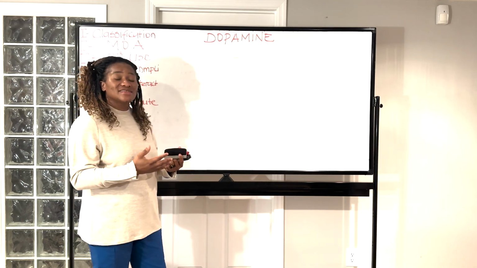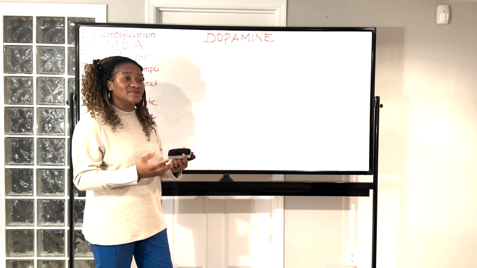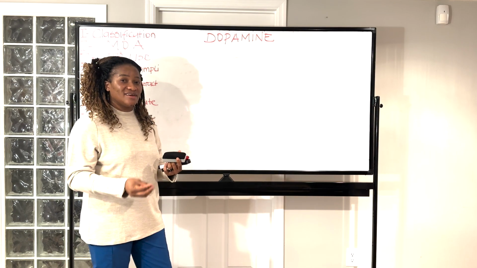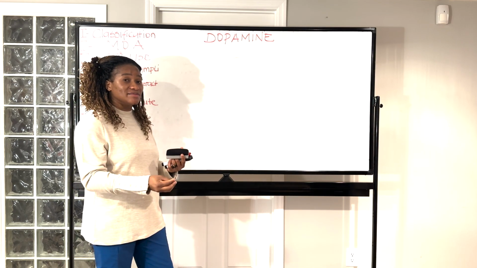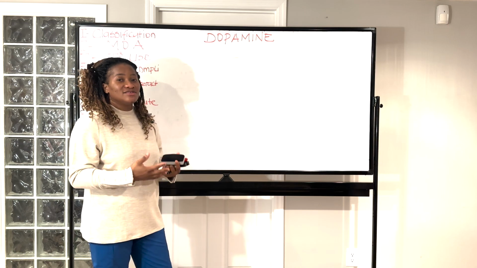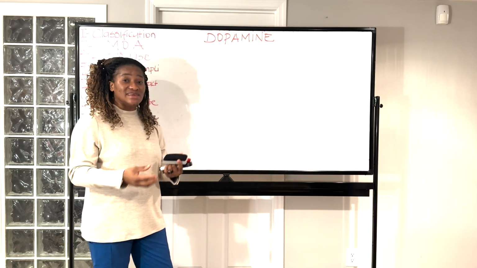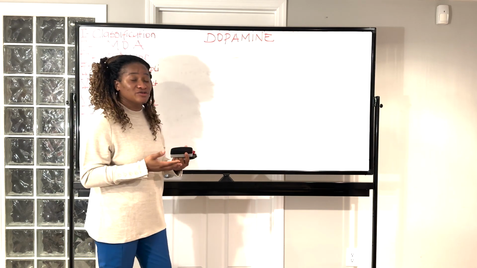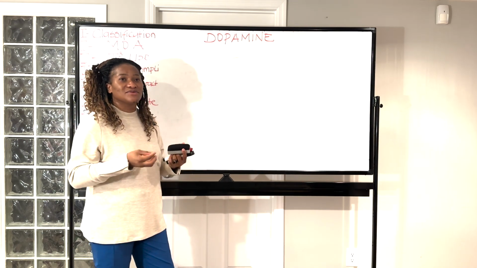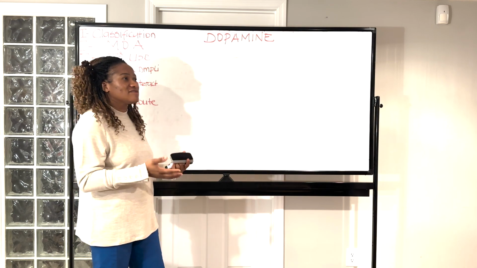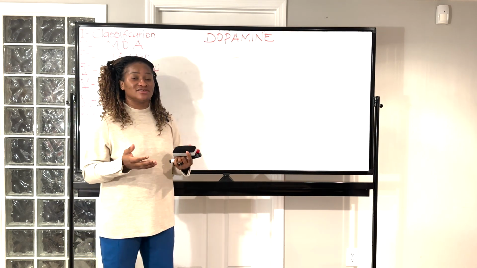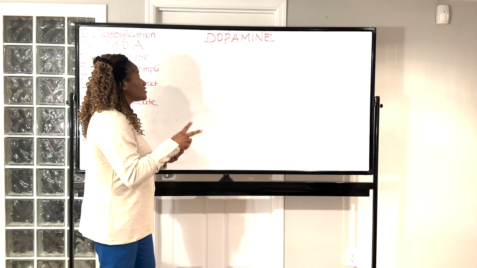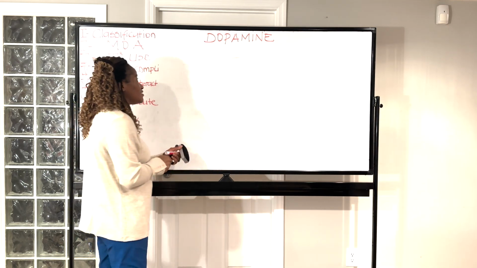In a direct action, dopamine is going to act directly on the adrenergic receptor to stimulate them. But indirectly, dopamine is going to stimulate the release of norepinephrine and is a direct precursor of norepinephrine. So it helps with the release of norepinephrine. So every time that you give dopamine to your patient, keep in mind that it's going to act in those two different ways.